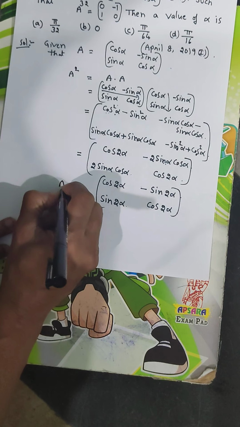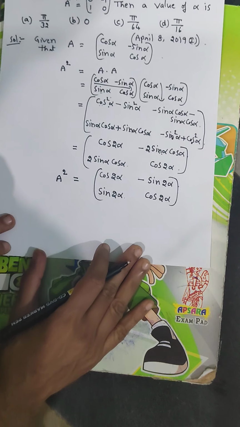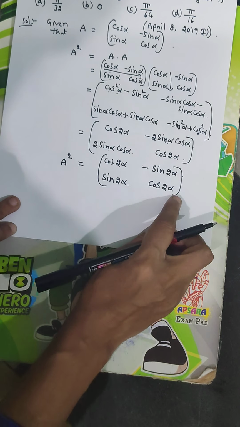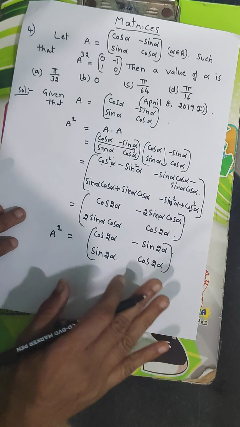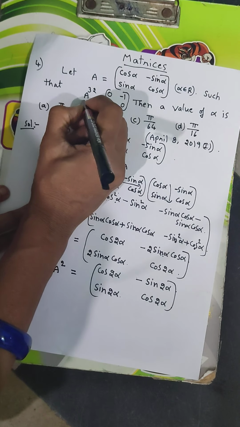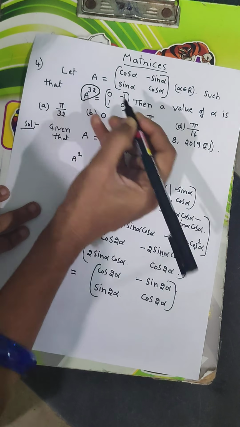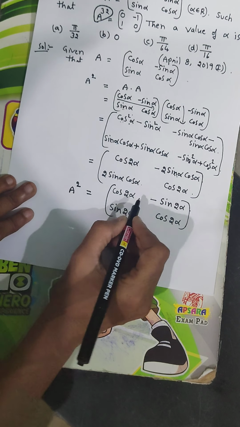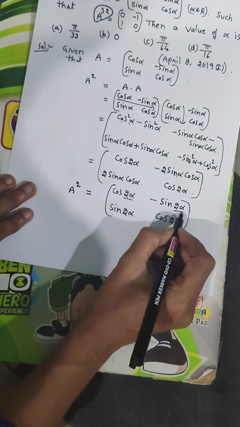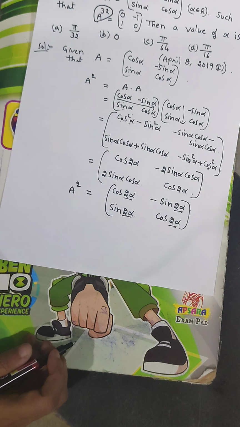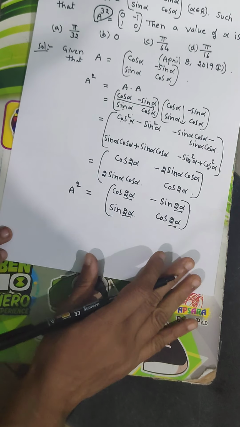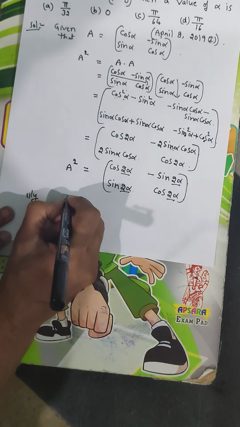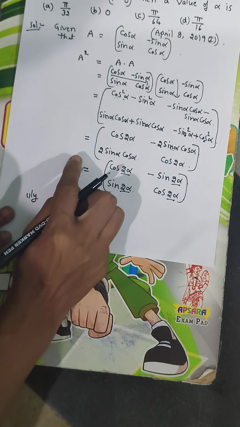So A power 2 is equal to the matrix cos 2 alpha, minus sin 2 alpha, sin 2 alpha, cos 2 alpha. Here we find A power 32. In the place of alpha we get 2 alpha, and in this way we get A power 32.